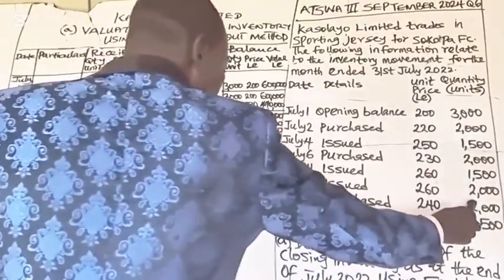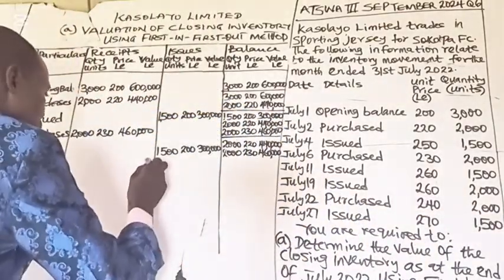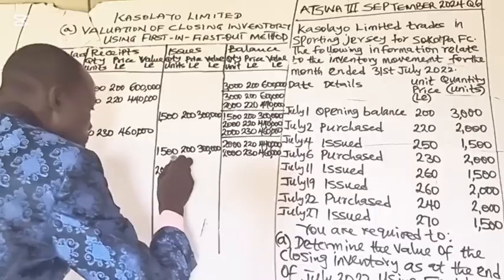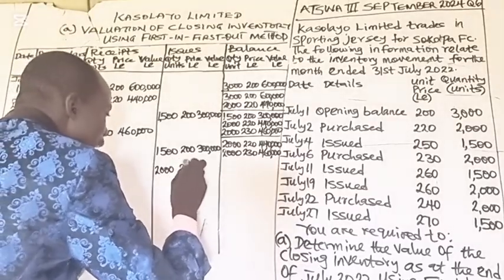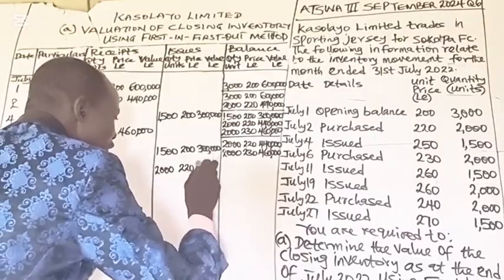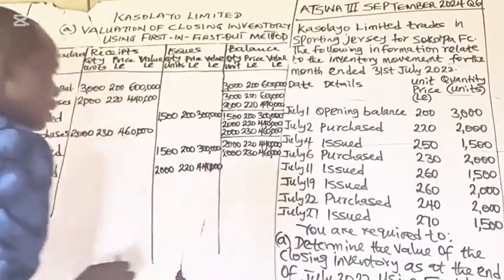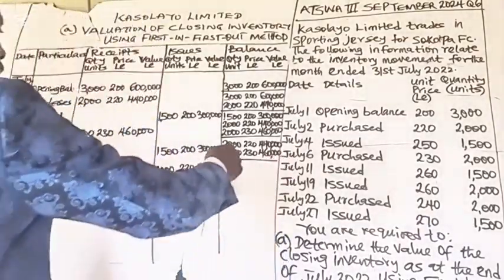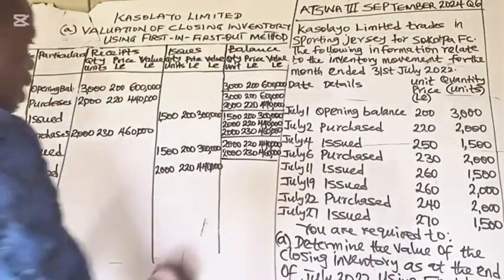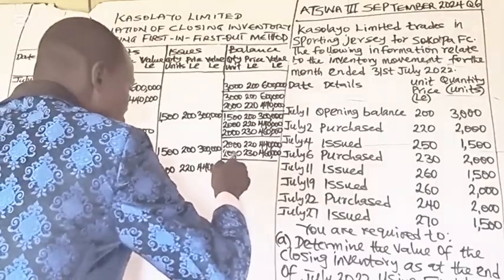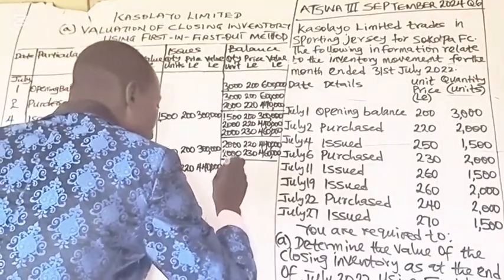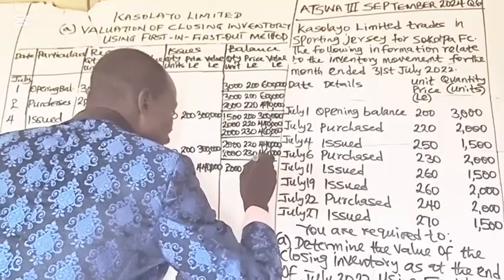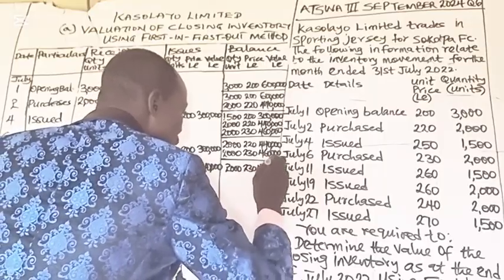Since you want to issue 2,000, you record it in the issue column at the price of the oldest in the store, which is 220. And the value of that is 440,000. Now, you have exhausted this. The only one you are left with in the store is this 2,000 at the price of 230, and the value of that is 460,000.